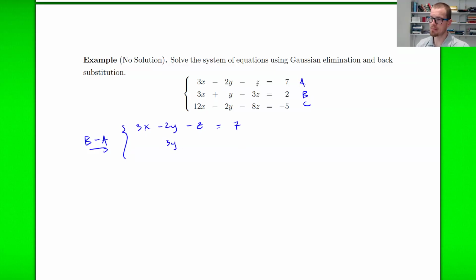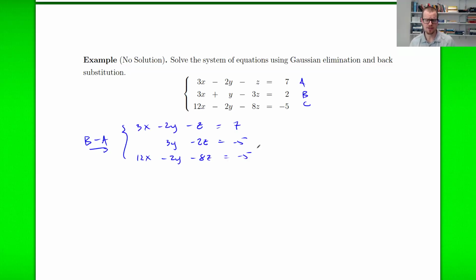Negative 3z minus a negative z is negative 3z plus z, so negative 2z. 2 minus 7 is negative 5. Equation C stays the same as 12x minus 2y minus 8z is equal to negative 5.